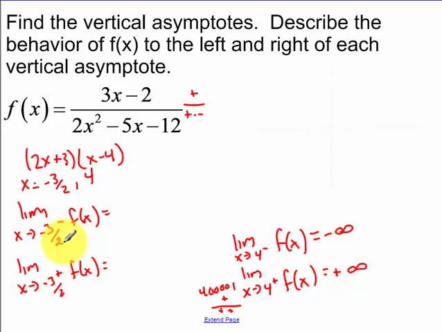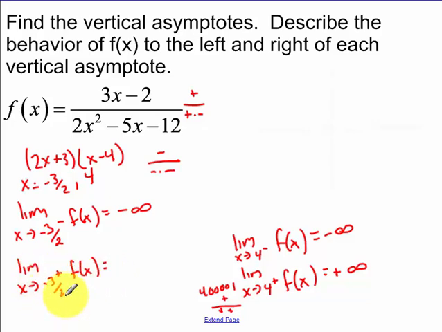Now when I have numbers a little bit less than negative 3/2, you could choose something like negative 2 if you wanted. Because whether I choose negative 2 or something really close to this, I'm going to have the same sign. If I choose negative 2, my numerator is going to be a negative number. This term in my denominator is going to be negative. And then I'm also going to have another negative, which is going to result in a negative number. So this is going to negative infinity.